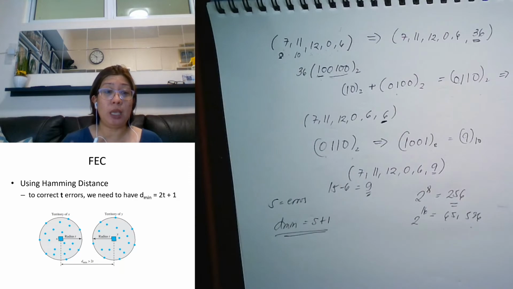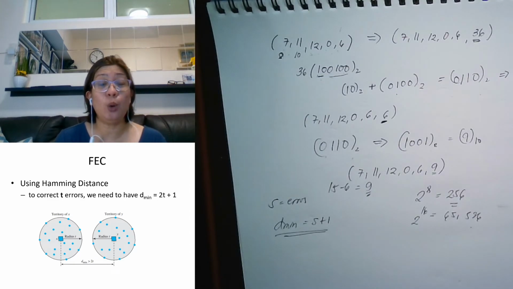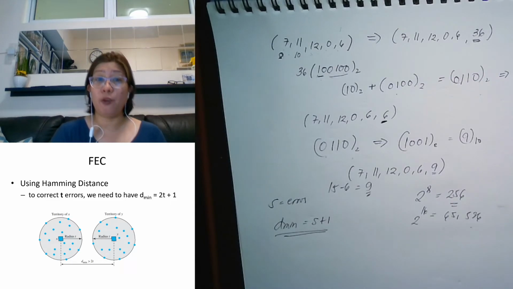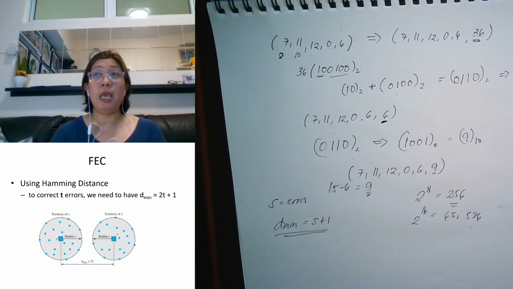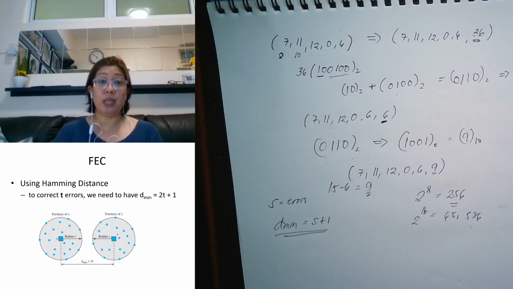So we need to make it 21 bits, which means that a lot of redundant bits need to be sent together with the data. One example for that is the BCH code. If you have your data communication subjects in the future, you will be hearing the BCH code. It's quite popular in data communication.